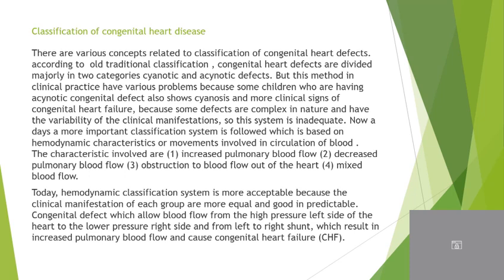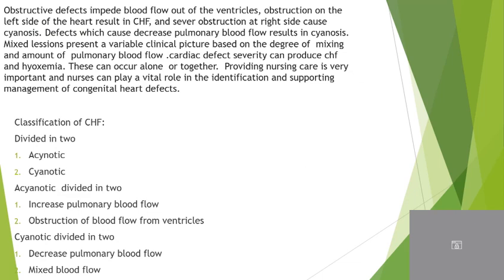Congenital defects which allow blood flow from the high pressure left side of the heart to the lower pressure right side, from left to right shunt, result in increased pulmonary blood flow and cause congestive heart failure. Obstructive defects impede blood flow out of the ventricles.